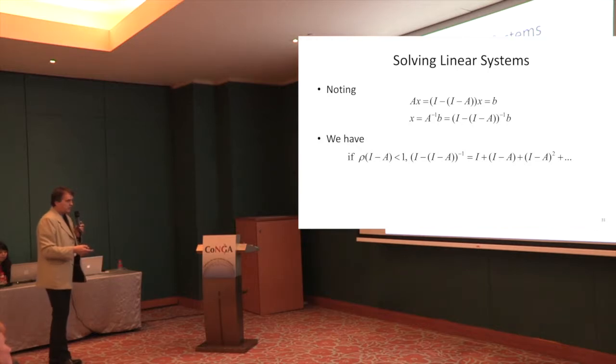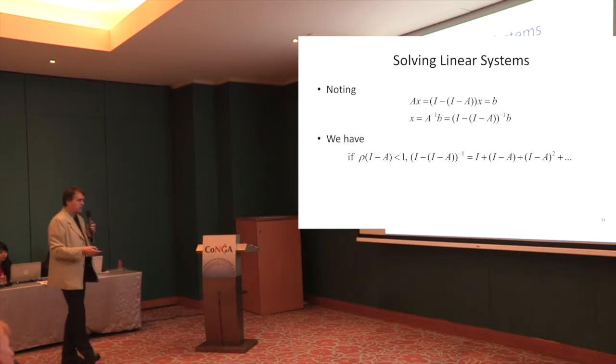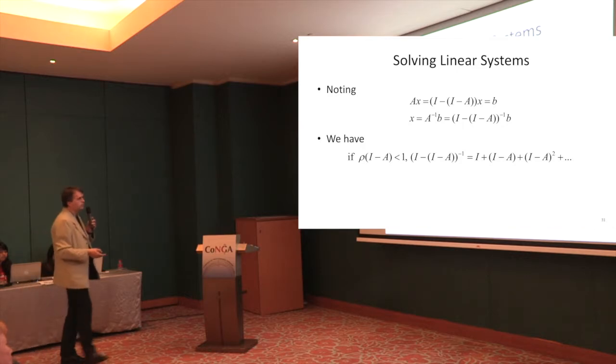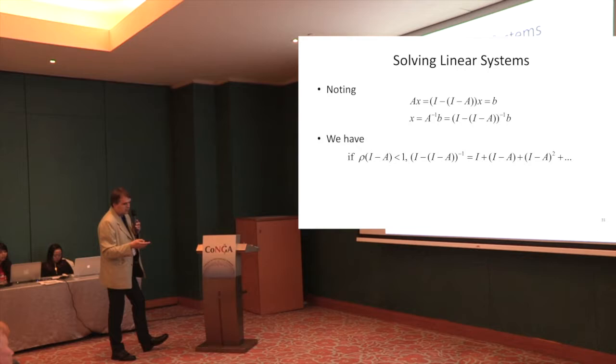We need one particular condition to be satisfied: the spectral radius of I minus A should be less than 1. If this is not the case, we have to do preconditioning, and I'll explain what the cost of this preconditioning will be later when I showcase specific timing results.